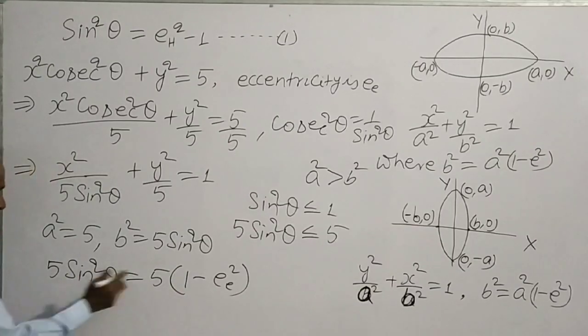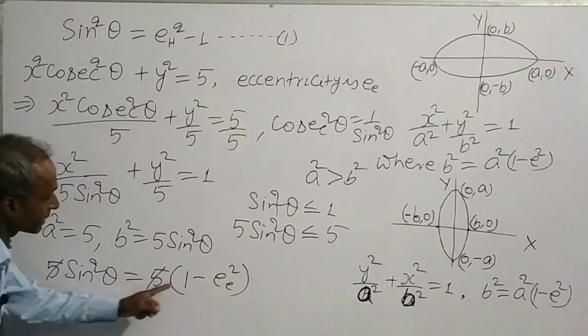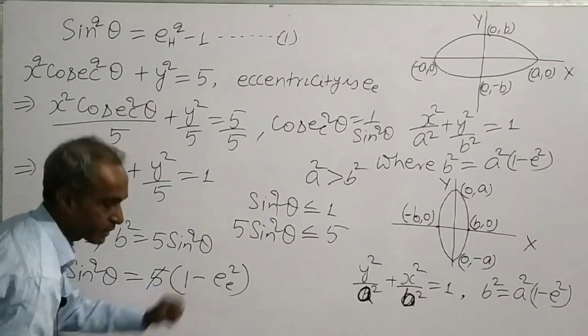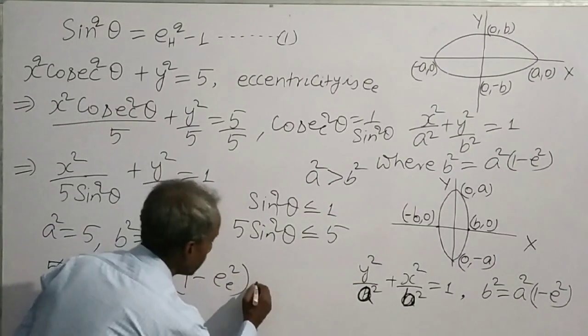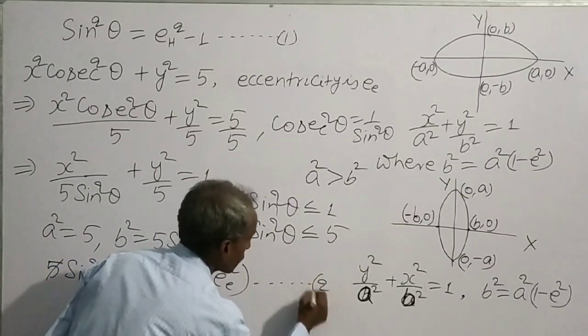Cancelling 5 from both sides, we get sin square theta is equal to 1 minus e square. We suppose this as number 2.